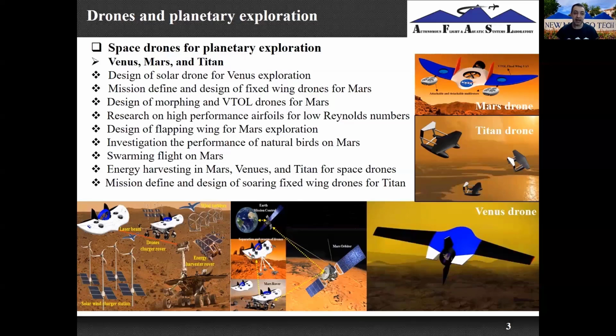Also, we know that we have Venus, which is one of the closest planets or solar bodies to the Earth. And we know that Venus has very harsh conditions. It means the temperature is very high, there is high pressure, and an acidic environment.